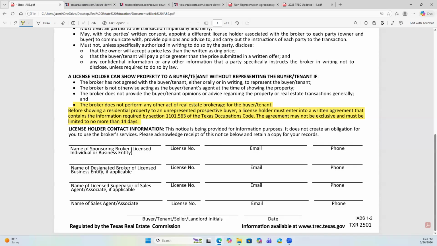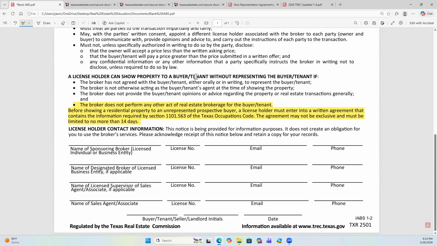So instead of having people who were unrepresented walking into properties with realtors that they just met on Zillow or realtors that are friends of the family, but they don't have a written agreement in place, they decided, you know what? We need to establish that a written agreement, period, must be in effect to get brokerage services.